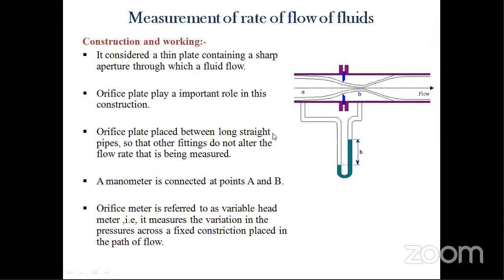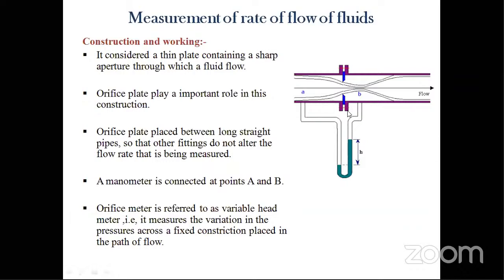The orifice plate is placed between long straight pipes so that other fittings do not alter the flow rate. The orifice plate attaches all the fittings in one portion. Otherwise, when fluid flows through the pipeline, a jerking happens between the fluid and the pipeline.